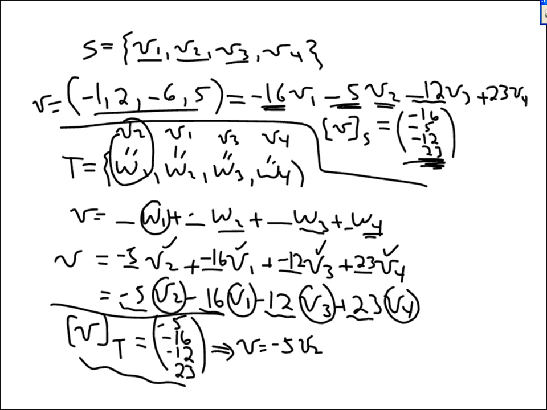I mean, after all, they're equal. Minus 16 times W2, which is V1, minus 12 times W3, which is just V3, plus 23 times W4, which is V4. The order matters.